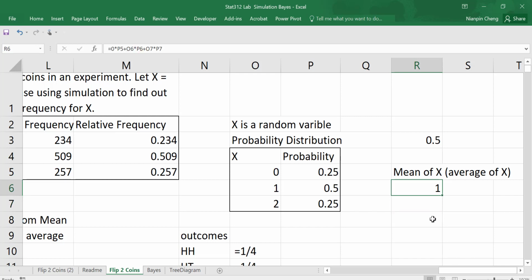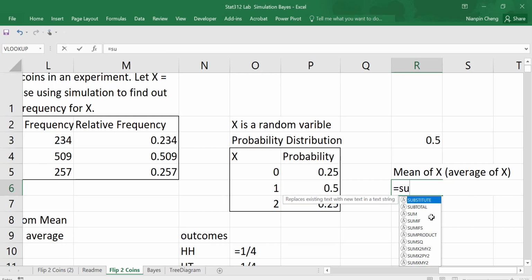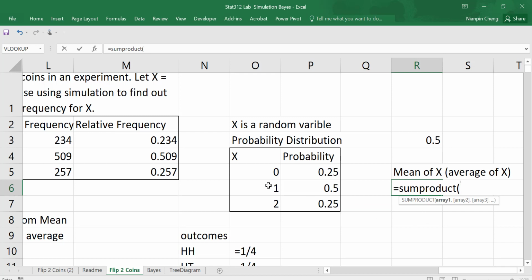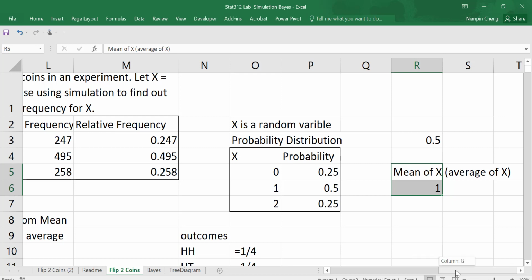There is another easier function in Excel. We just use SUMPRODUCT. Two columns multiply and then add together. So that's the same thing. So this is what we calculate theoretically from this probability table.